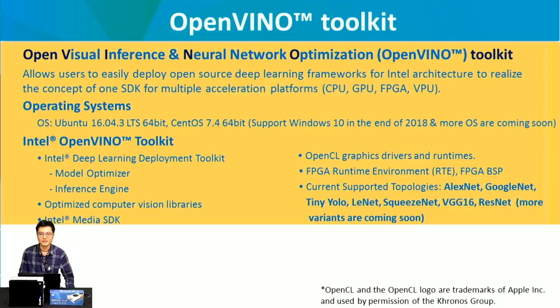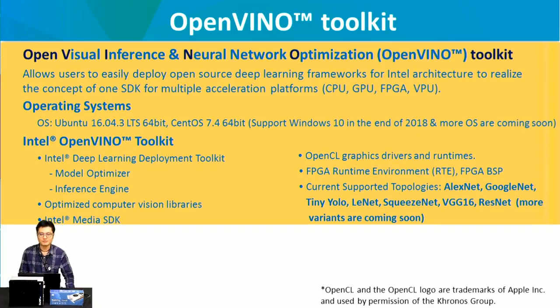The model optimizer can optimize pre-trained models from famous frameworks such as TensorFlow, MXNet, and Caffe. Then the inference engine will execute the optimized model from the model optimizer.